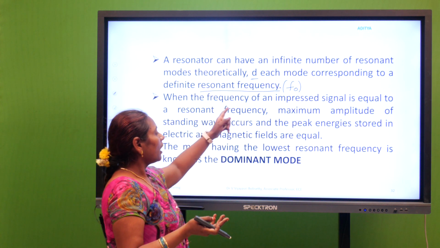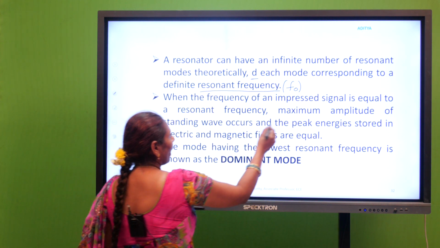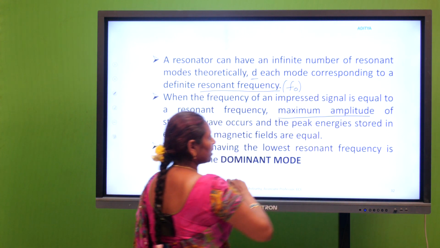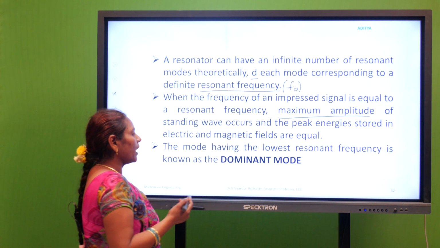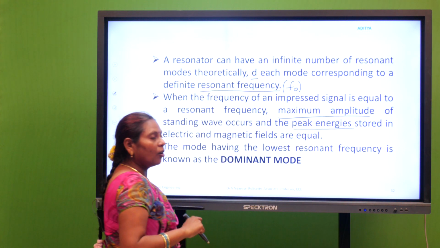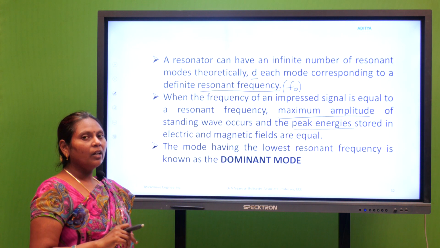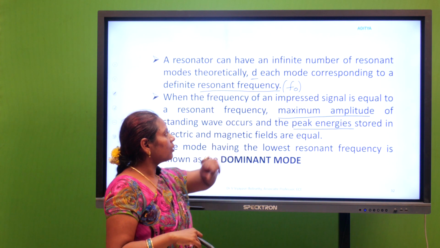If f and f naught are equal, then we can say that the maximum amplitude occurs for the standing wave, and the peak energies can be stored. In this case we may get the peak energies, whether magnetic energy or electric energy, when f is equal to f naught.